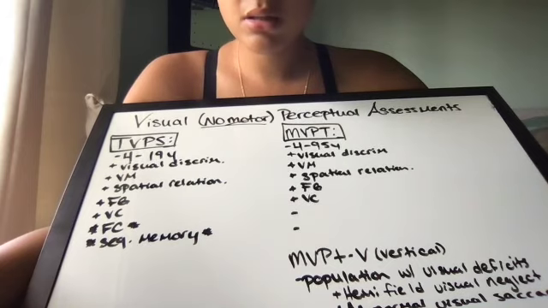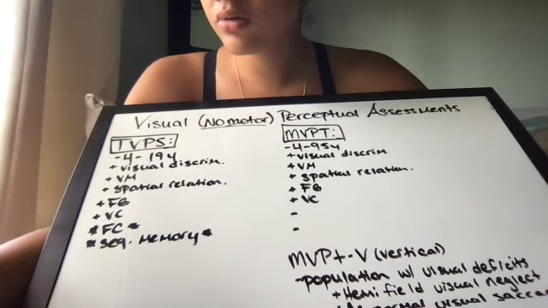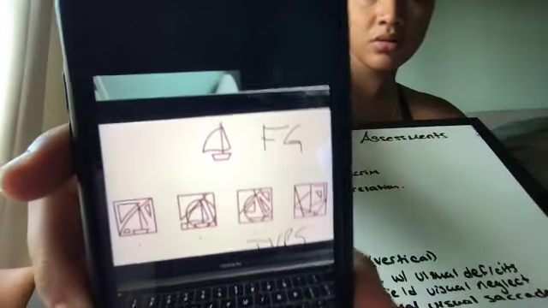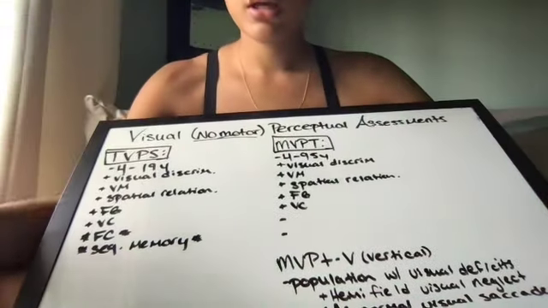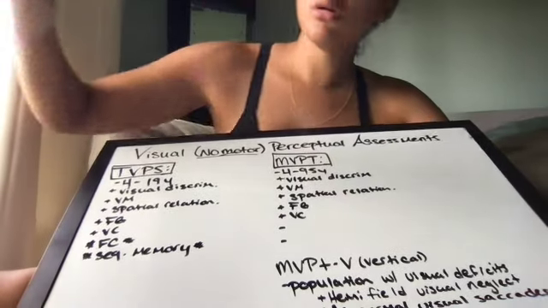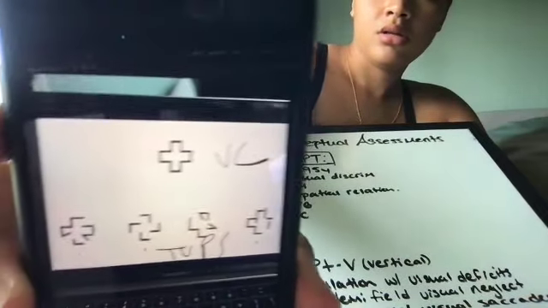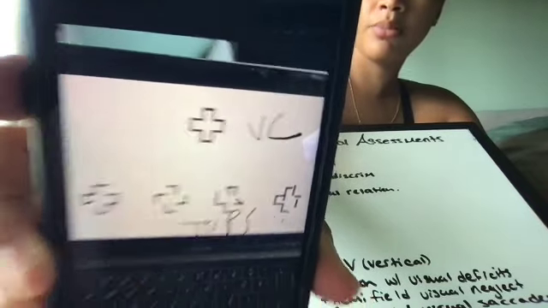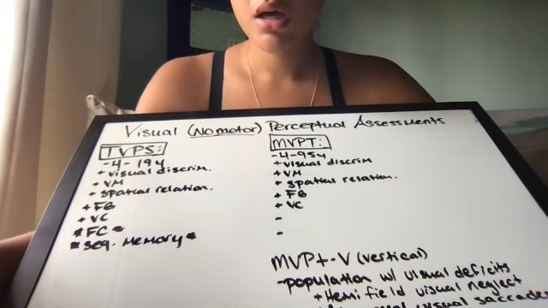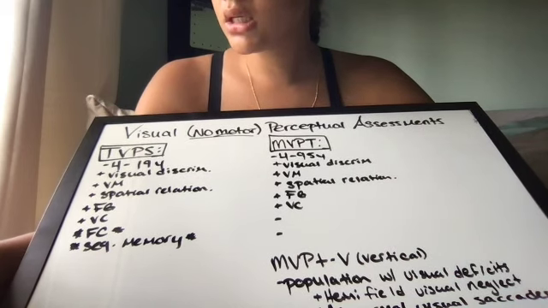Alrighty, next is figure ground, your typical figure ground. Find an image within an image. And then visual closure, typical. The images on the bottom are not quite complete. Which one matches the most closely to the one on top? Form constancy.